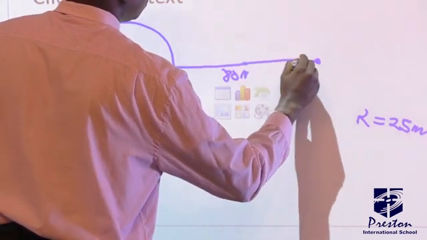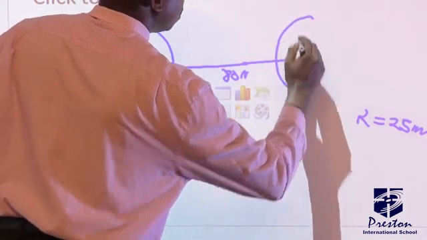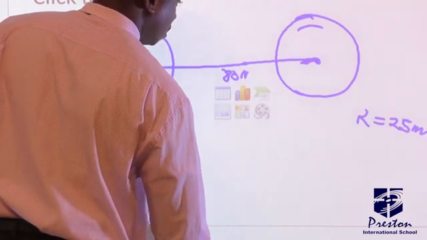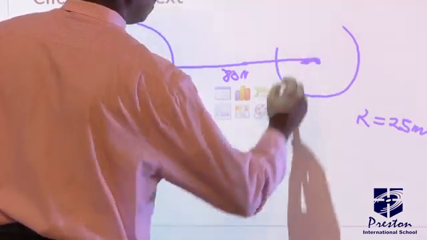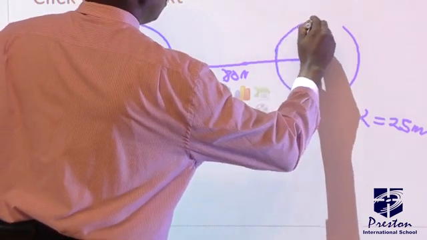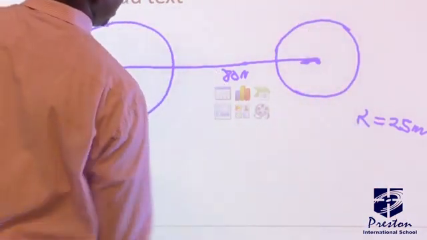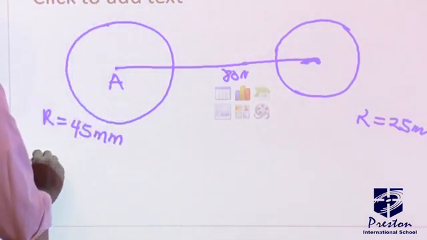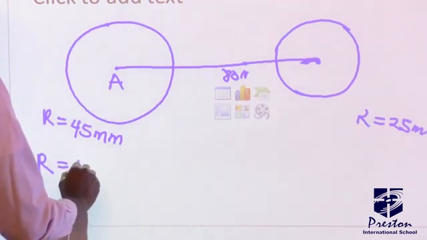So, radius 25 mm. Now, we are given the external radius, which equals 40 mm.